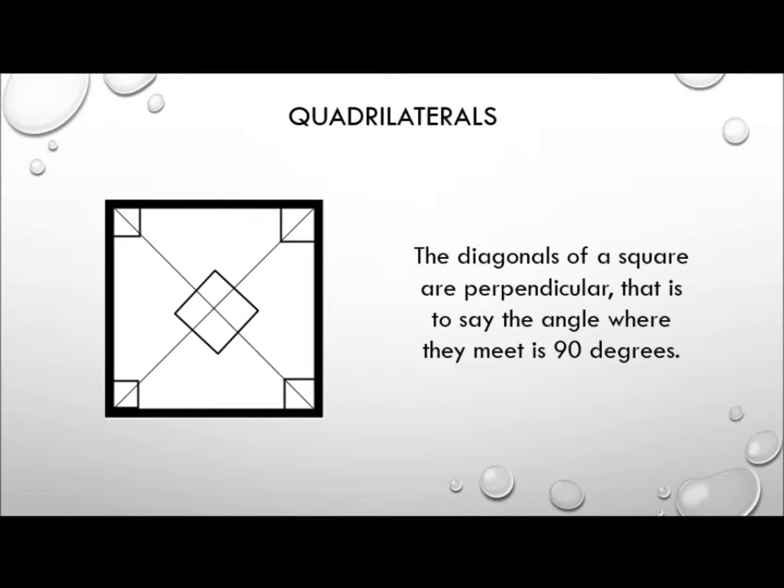Now if we draw a straight line from one corner to the opposite corner going through the centre, we call that line a diagonal. The diagonals of a square are perpendicular, that is to say the angle where they meet is 90 degrees.